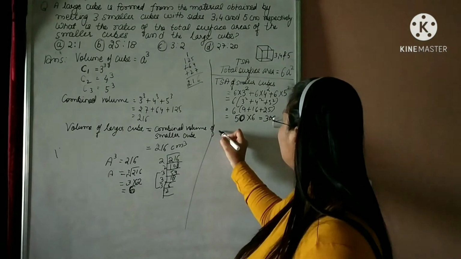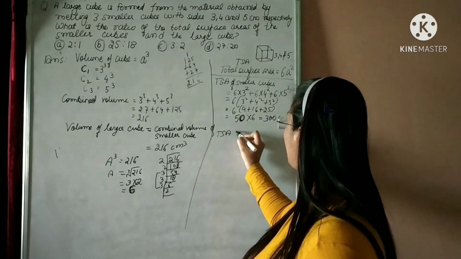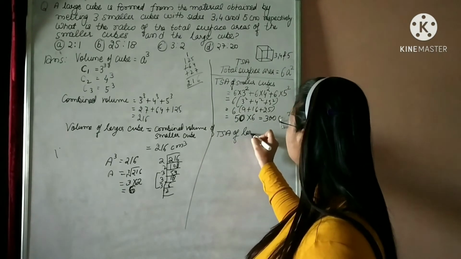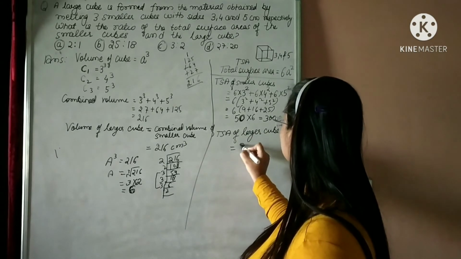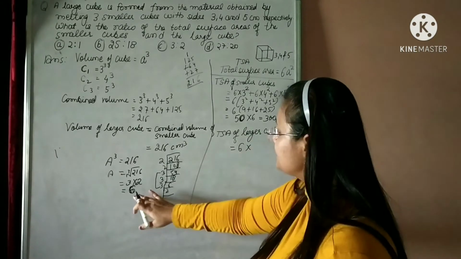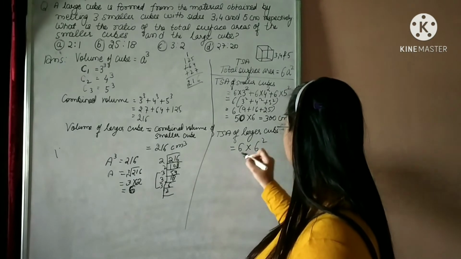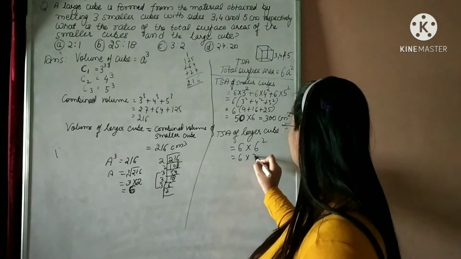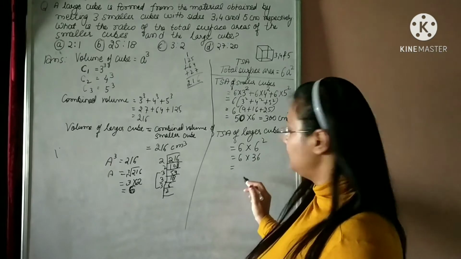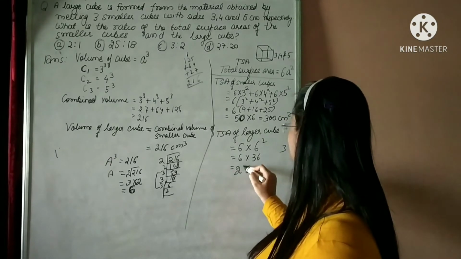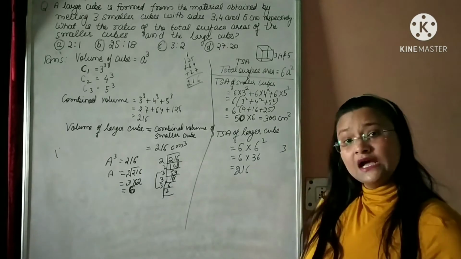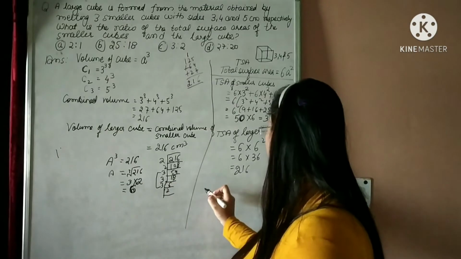Now we will find the TSA of the larger cube, which will be 6 into side square. What was the measurement of the side? 6 square. It will be 6 into 36, so it is 216.